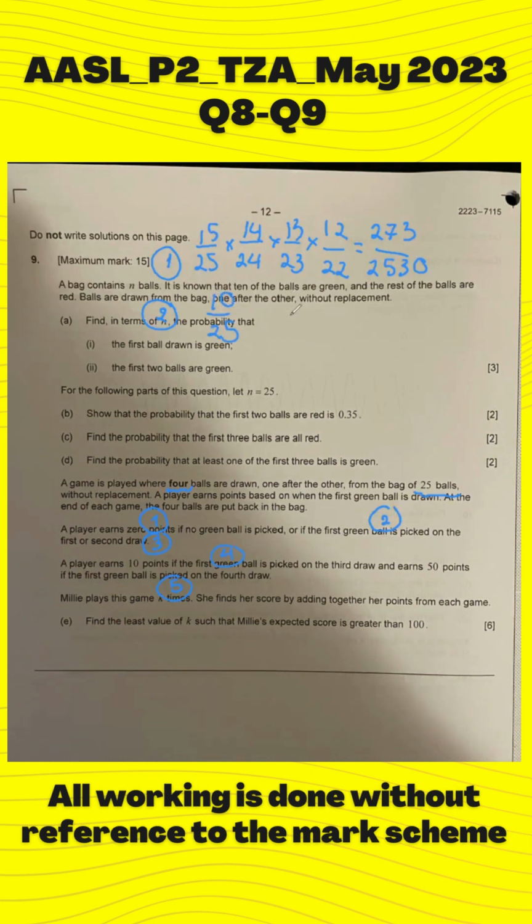Okay, second, the first green we pick on the first draw, so it will be 10 over 25. Number 3, we pick green on the second draw. That means the first one is red and the second is green. So 15 over 25 times 10 over 24, which is 1 over 4.